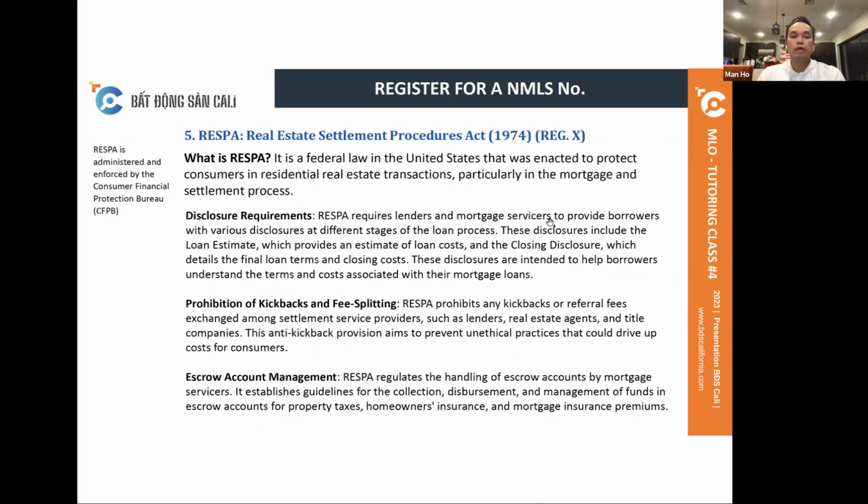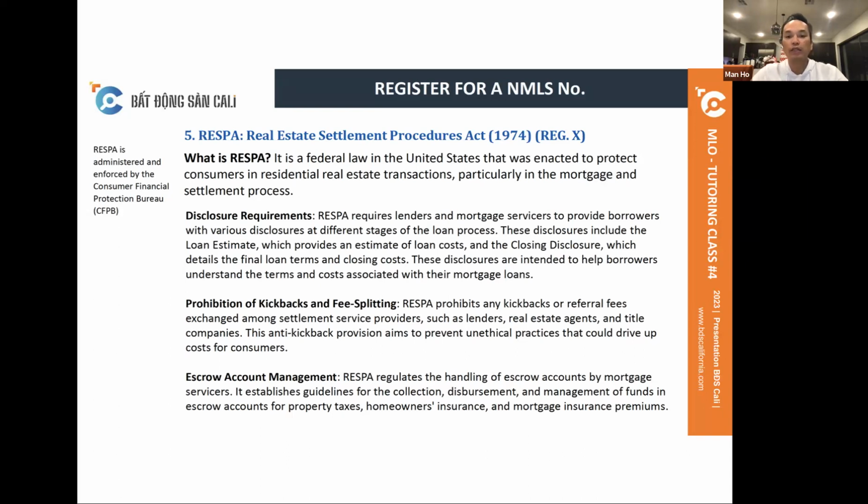Okay, so far I have introduced to you several laws and acts for lending and mortgage. But right now, number 5, I'm going to introduce you to a real estate act, which is called the Real Estate Settlement Procedures Act, RESPA for short.